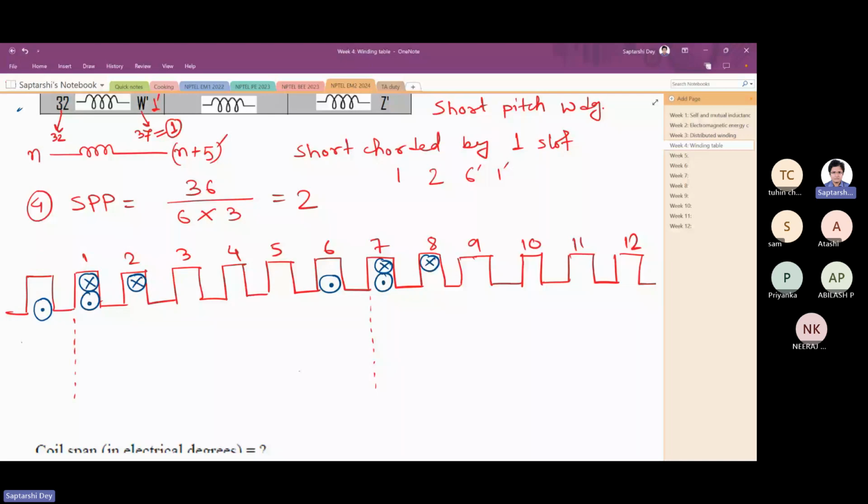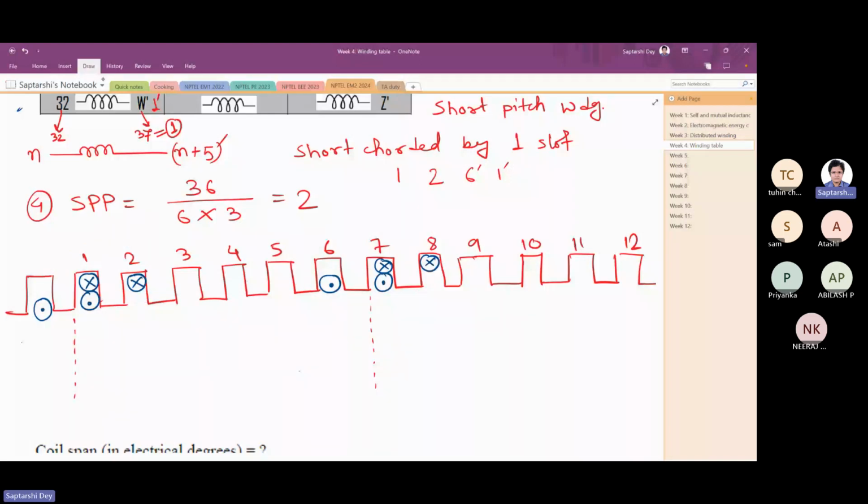Now, this is how you make one pole out of one phase, one pole pair. So this is one pole, this makes one pole, this makes another pole, and they keep on repeating. Can you understand that the next phase would also appear in this fashion?